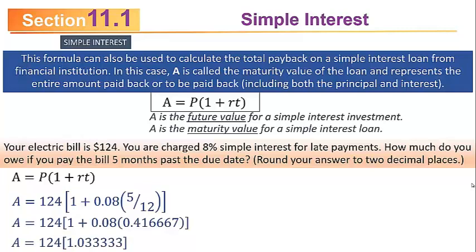Multiply by 0.08 and add 1, and you get 1.033333, and you multiply that by 124, and you end up with $128.13. I know I say this a lot, but don't round too much in the preliminary calculations. Carry more decimal places than you think you need, and then round at the end. Rounding too early can cause you to be off in the final answer.